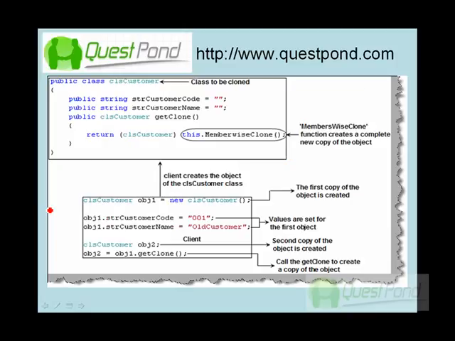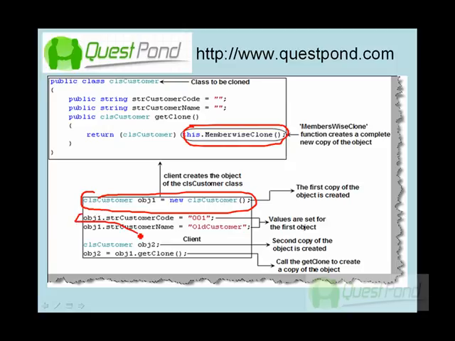Now let's see how we can achieve cloning. In .NET we can achieve cloning by using the MemberwiseClone method. You can see there is a customer class, and if I want to get the clone of it, I can just say this.MemberwiseClone and it will give me a clone of it. Now I create an object of customer and I set some values, that is 001, old customer.